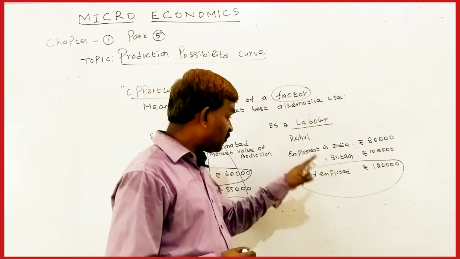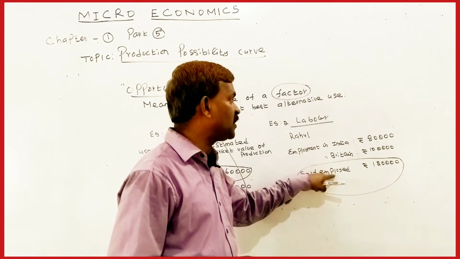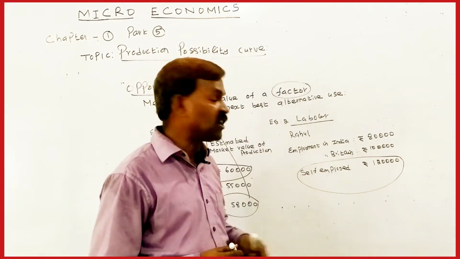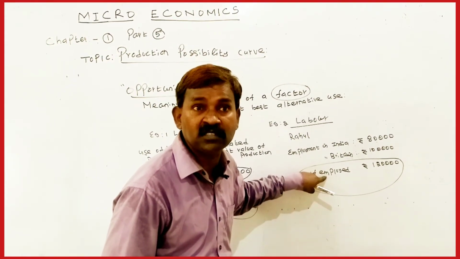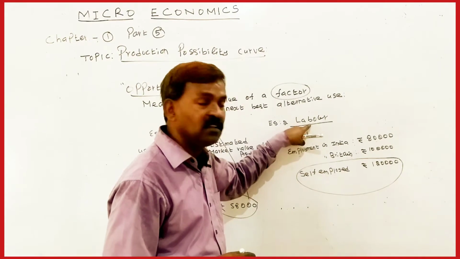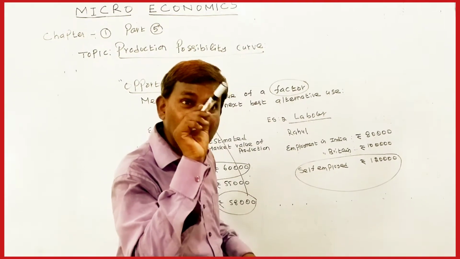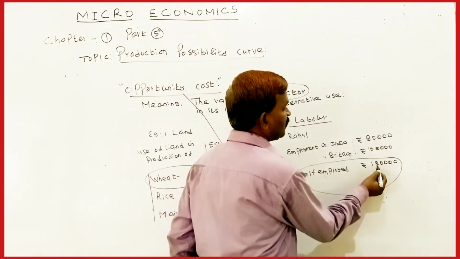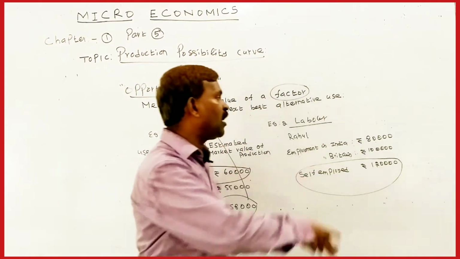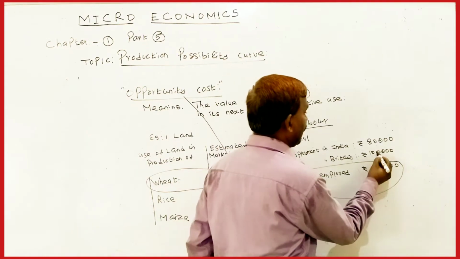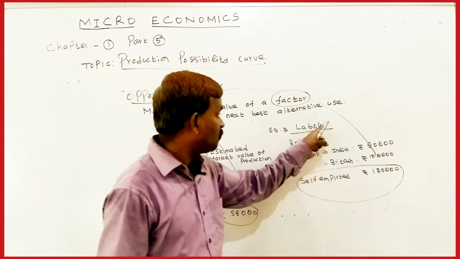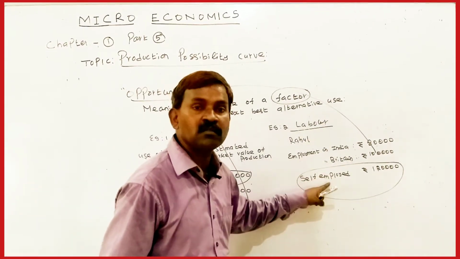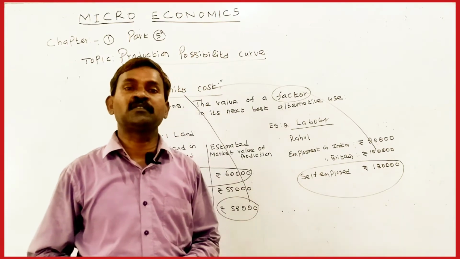Because of your decision to be self-employed, what is the opportunity cost of self-employment? The value of a factor in its next best alternative use. What is the value of labor in the next alternative use? 1 lakh. So 1 lakh is the opportunity cost of the labor for self-employment.